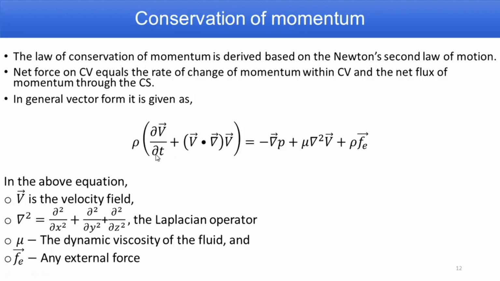So, the left hand side is acceleration and on the right hand side pressure is a force, viscosity is also a shear force, or any other force. Okay. So, that is why I said Newton's second law, F is equal to m into a, is actually the first principle based on which the conservation of momentum is derived, and you are able to see here the same acceleration terms and force terms on the other side.